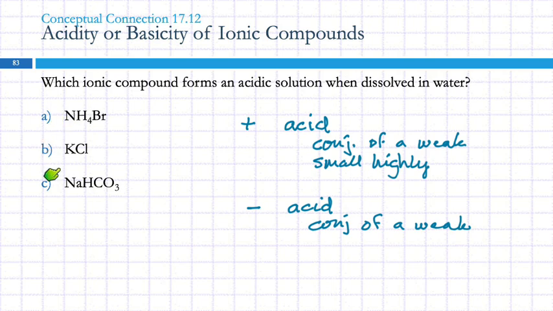It only takes one. So here, is either of these the conjugate of something weak? Got NH4+ and Br-. So this is related to NH3 and this is related to HBr.